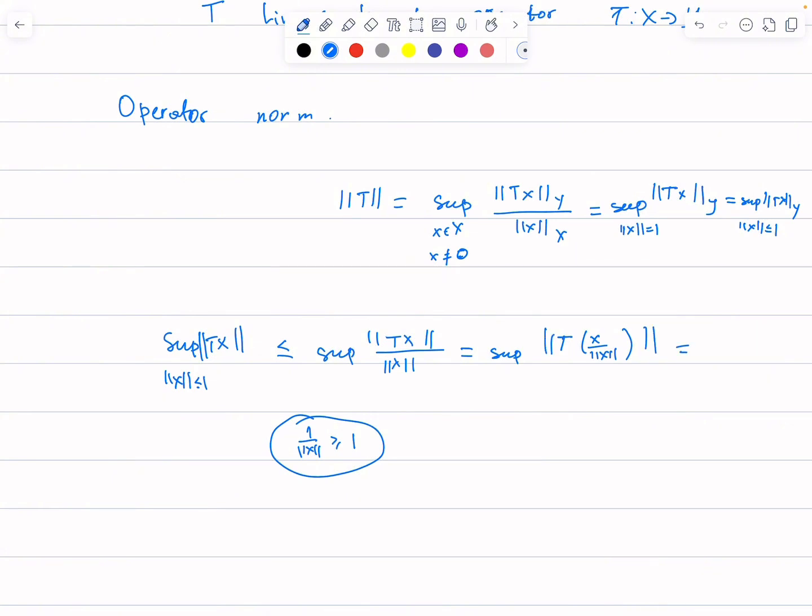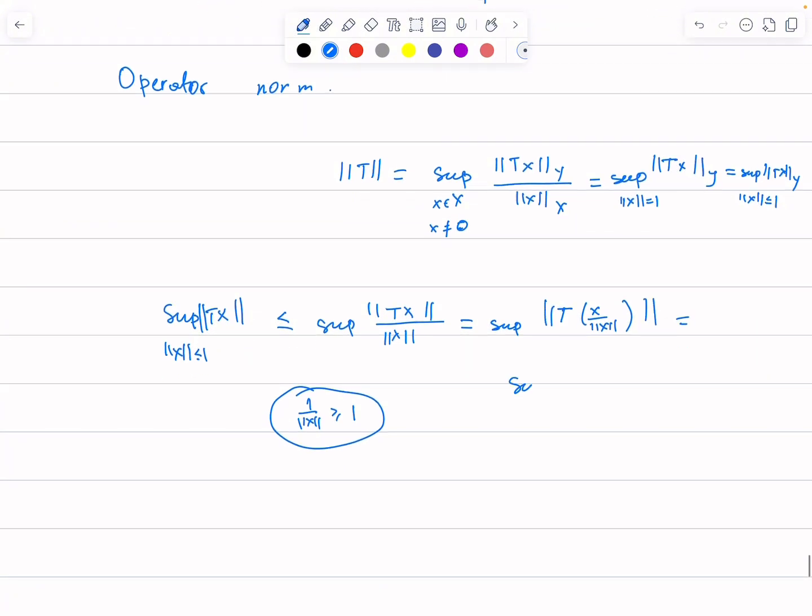This is equal to the supremum of Tx when the norm of x is equal to 1. This is less than or equal to the supremum of Tx when the norm of x is less than or equal to 1.